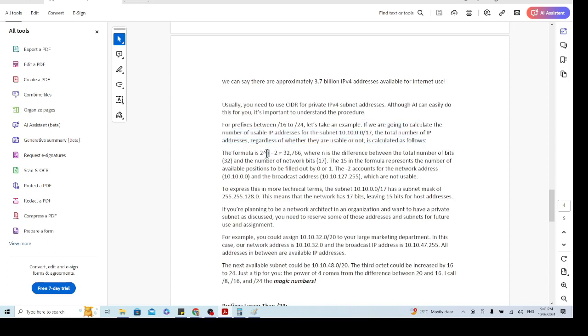I told you this n is the box, okay? So the formula is 2 to the power of n minus 2. How can we get to that box? For 10.10.0.0/17, how many boxes will we have? Let's go for it.